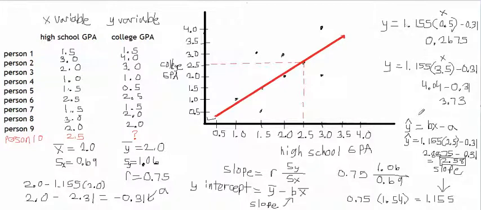So I said this was called a regression equation. It's the equation for predicting y based on x, or using x to predict y.